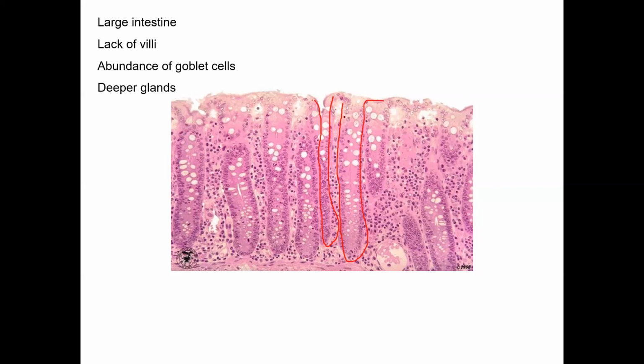Oh, I can't draw. So here are the lining cells. The white ones are the goblet cells. You got an idea? So this is the large intestine lining.